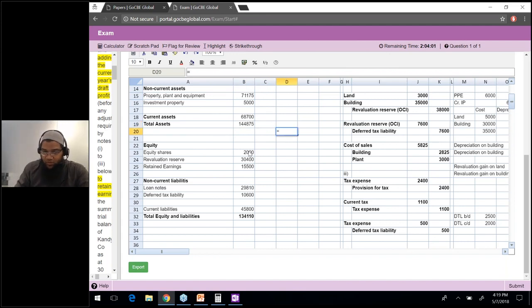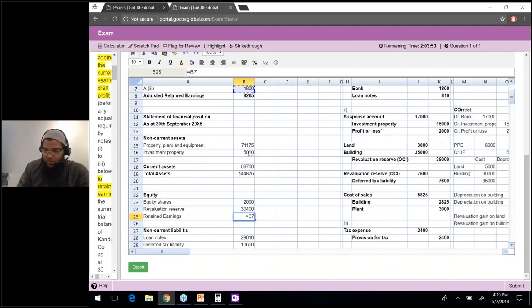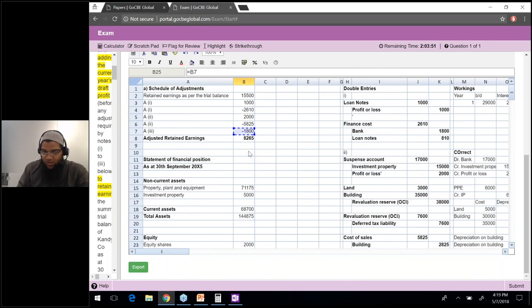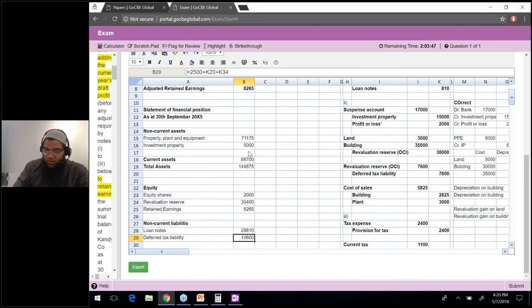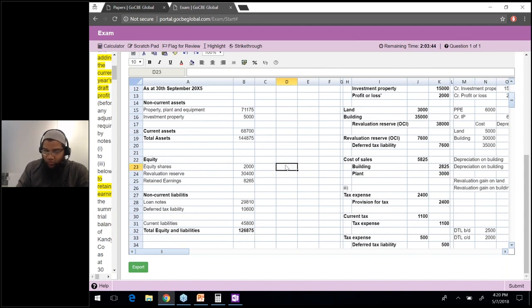So let's see. Okay, the retained earnings we have not yet updated. The retained earnings after adjustment was 8,265. So now the total is actually 144,875 minus 126,875, which is 18,000.